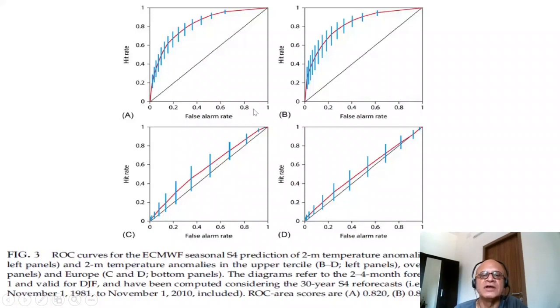You are looking at false alarm rate and hit rate, which means prediction is accurate versus prediction is giving you a false event occurrence rate. So the larger the area, the better the ROC score, the more reliable is the ensemble forecast.